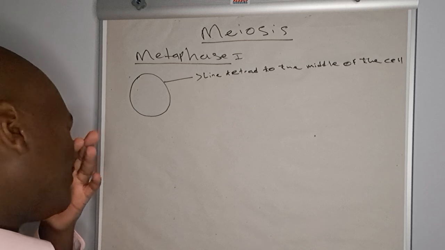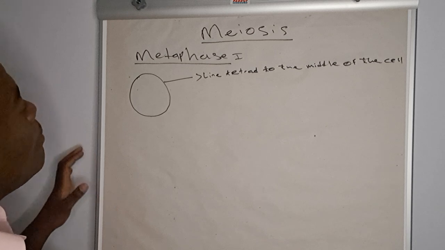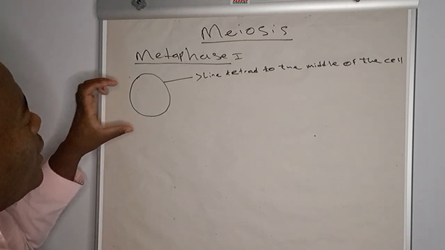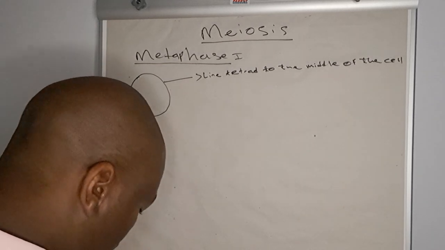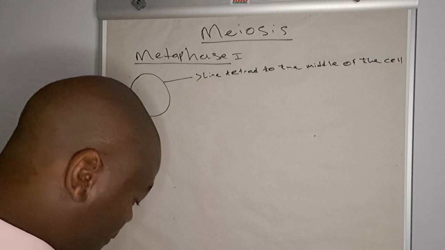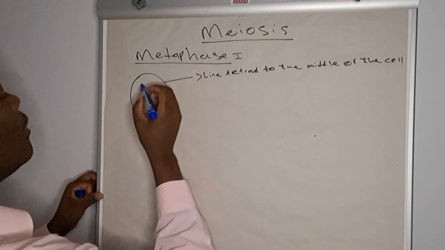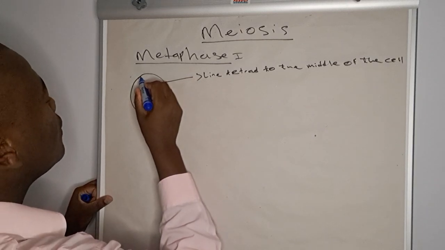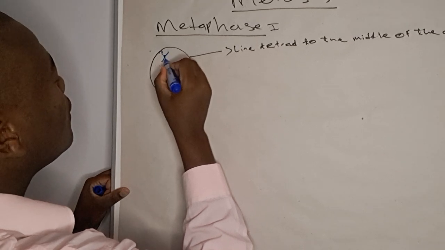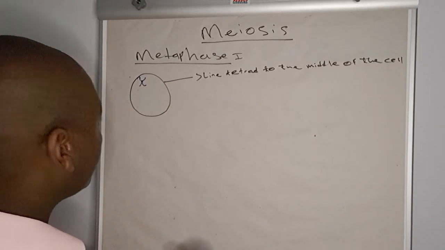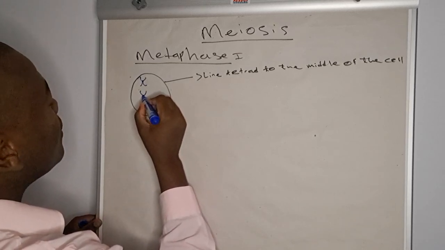How do you line tetrad to the middle of the cell? How is that even possible? That is quite possible also. Remember, we had in our prophase one, we had our tetrad, but they were not lined together. So now I'm going to demonstrate that using other colors. Now I want you to see this. This is our tetrad.